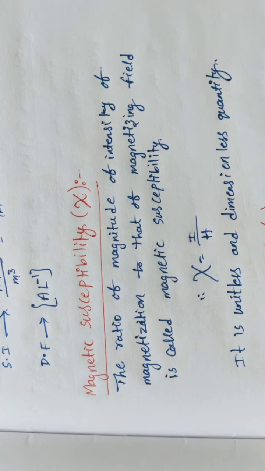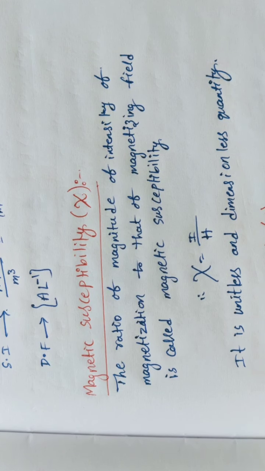After completion of this, we will discuss magnetic permeability, that too in terms of magnetic induction and intensity of magnetizing force. Using those words, I am recalling the statement for magnetic permeability.